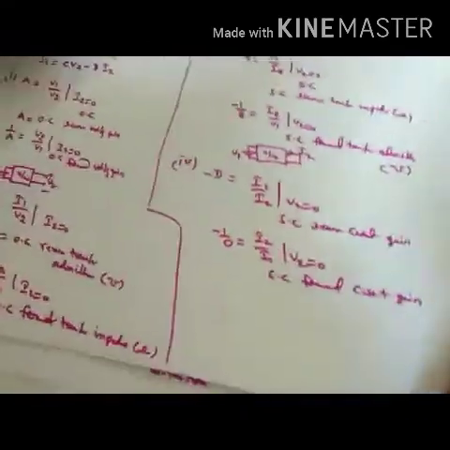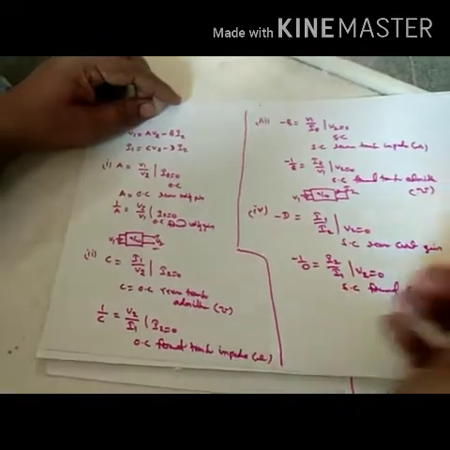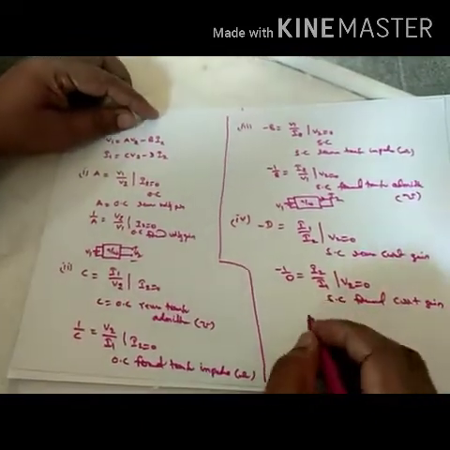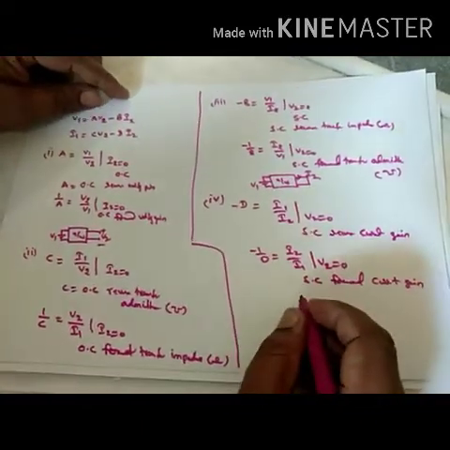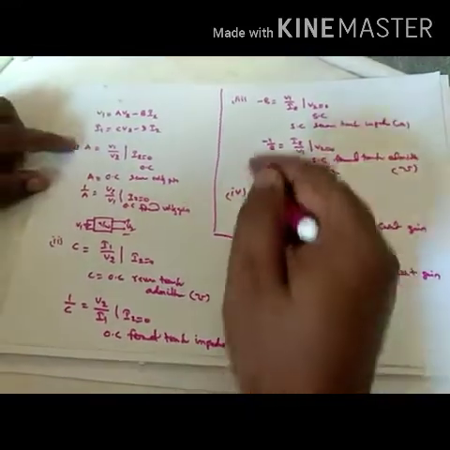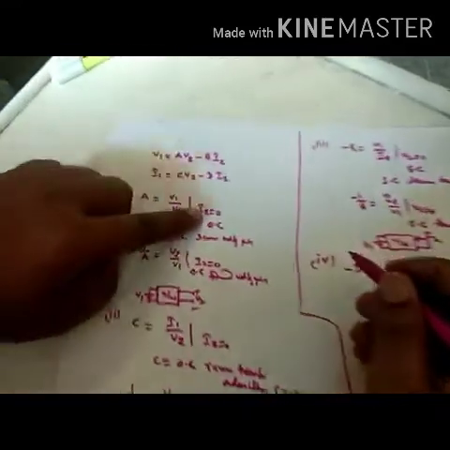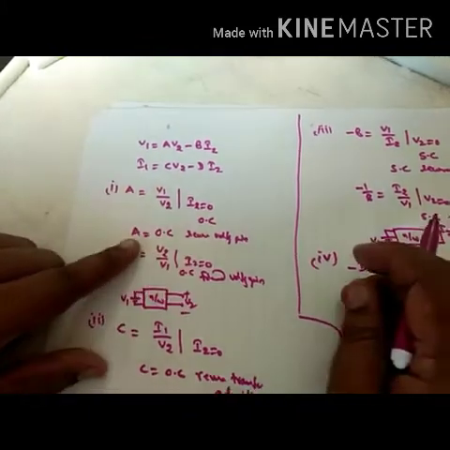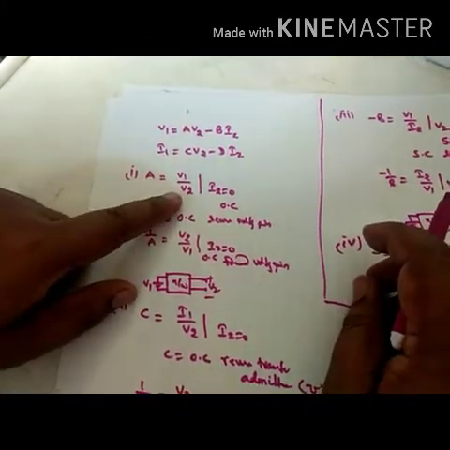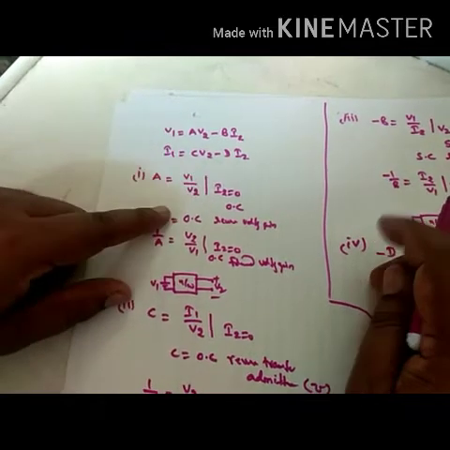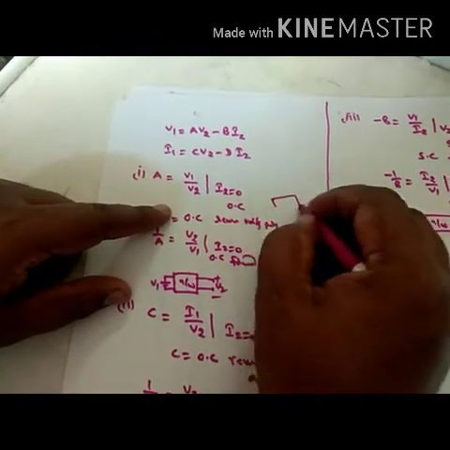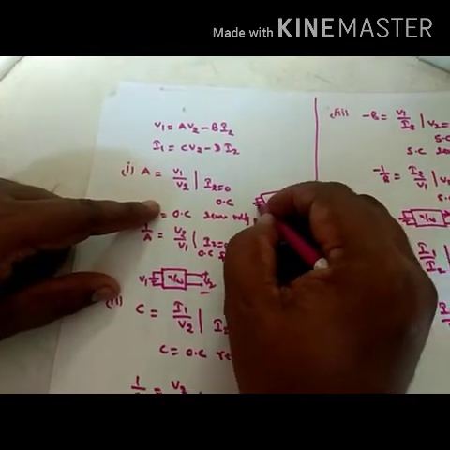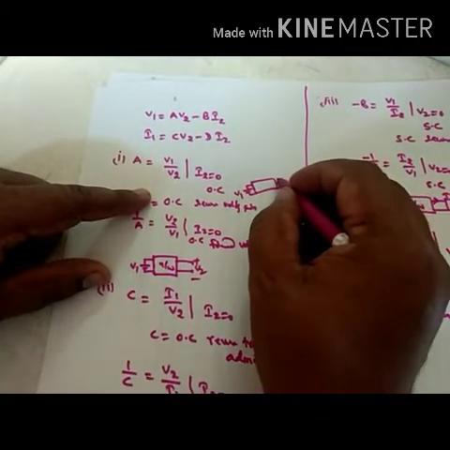Okay, these are the four transmission parameters, right? Once again, here A is equal to V1 by V2 when I2 is equal to 0. I2 is equal to 0 means open circuit. That means we are applying some voltage here, here it is V1.